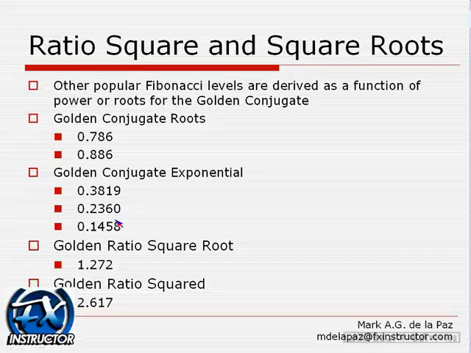You multiply it with itself again, and you get 0.1458. So that is how we came up with those numbers. As for the fib retracements above 61.8 fib, you get the square root of 0.618, and guess what it is? 0.786. Get the cube root, you get 0.886.